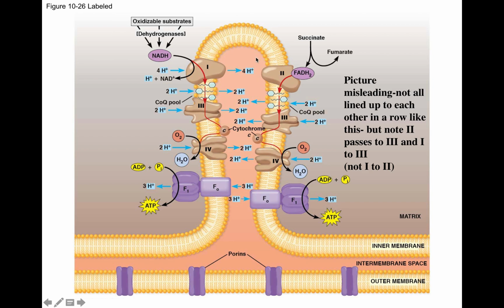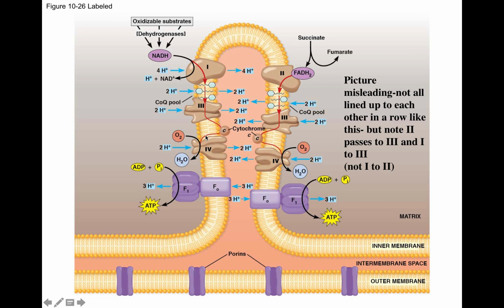So just to review, NADH passes off its electrons to complex 1, and then coenzyme Q, complex 3, cytochrome C, complex 4, off to oxygen, the terminal electron acceptor, which makes water.